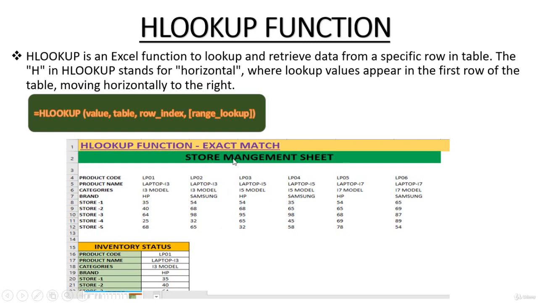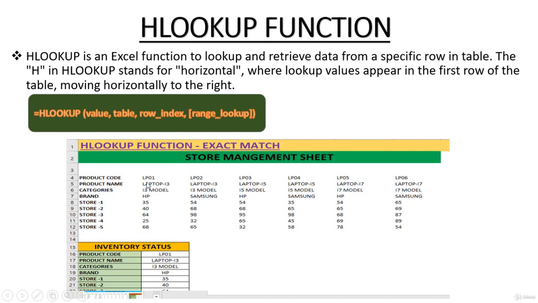In the Hlookup function with exact match, we are going to do this in the practical section. You can see here the store management sheet with product code, product name, category, brand, store 1, store 2, store 3, store 4, store 5. Likewise they have entered the data.